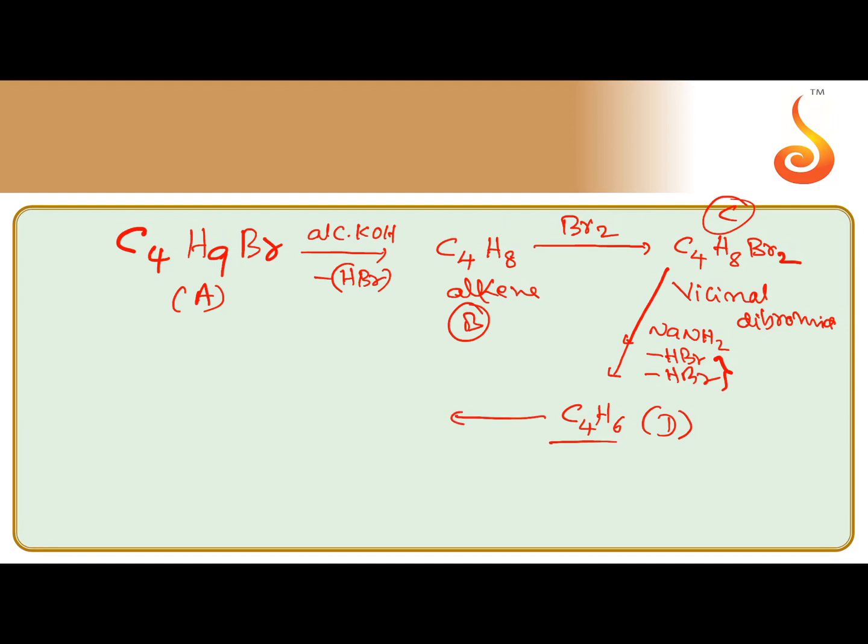And a hint given is ammoniacal silver nitrate, ammonium hydroxide plus AgNO3, that is ammoniacal silver nitrate. With ammoniacal silver nitrate, only a terminal alkyne reacts to give a black precipitate, C minus Ag plus.